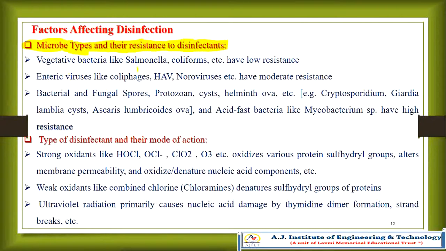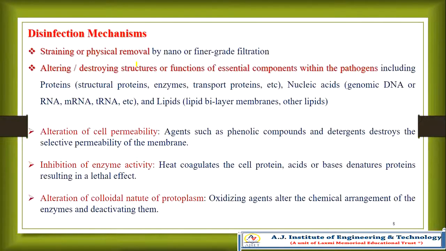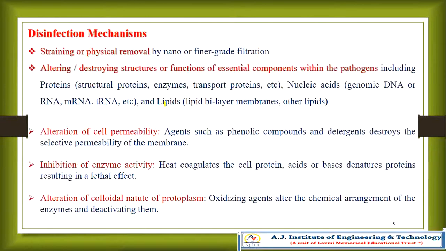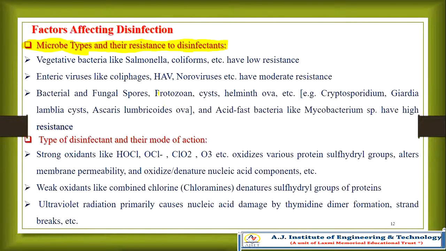Vegetative bacteria like Salmonella, which causes typhoid and paratyphoid, and coliforms have a low resistance.